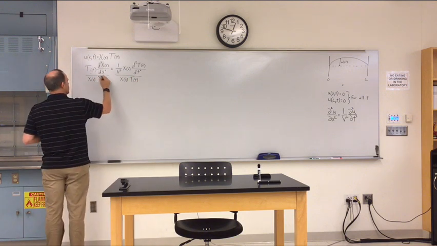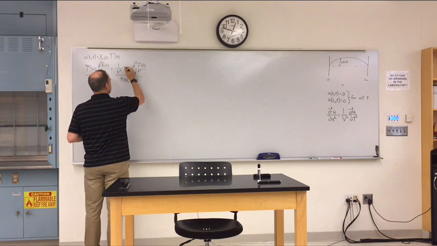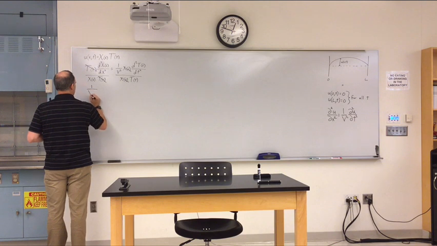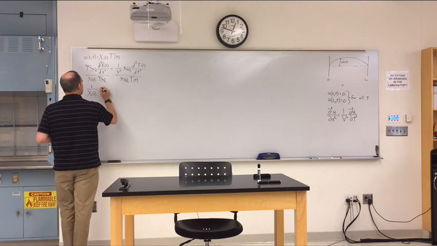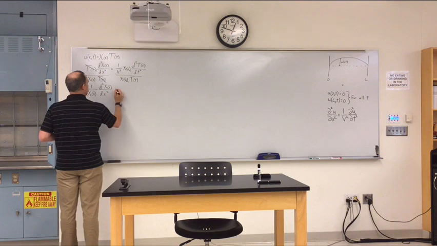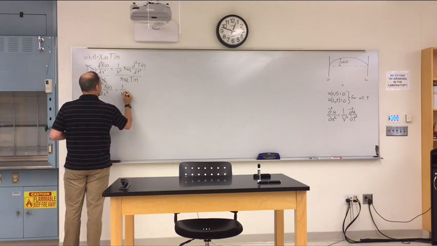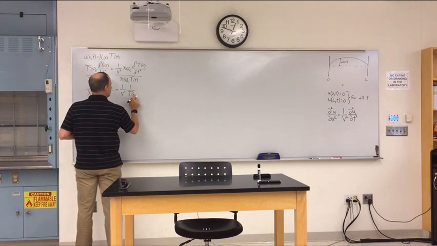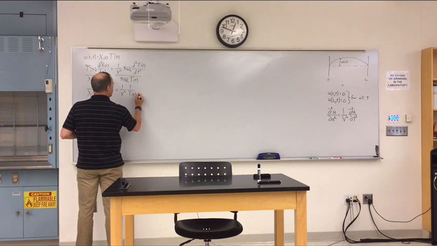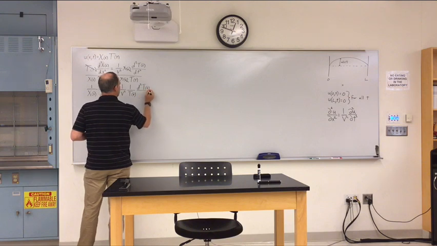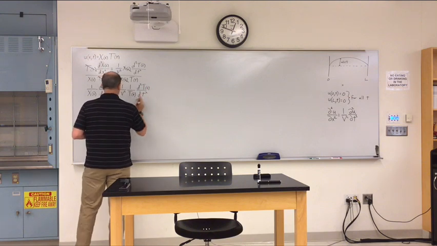The T will cancel out that T, this X will cancel out that X. So I'm left with 1 over X of x times d squared X of x over dx squared is equal to 1 over v squared times 1 over T of t times the second derivative of T, d squared T over dt squared.